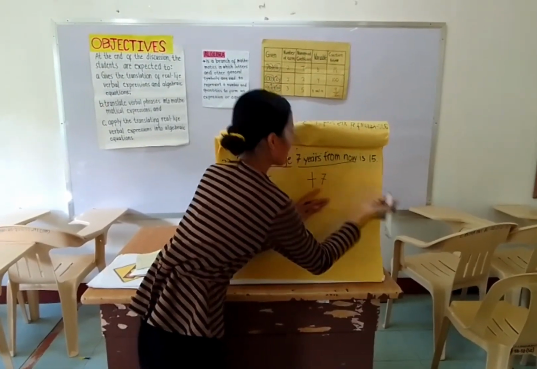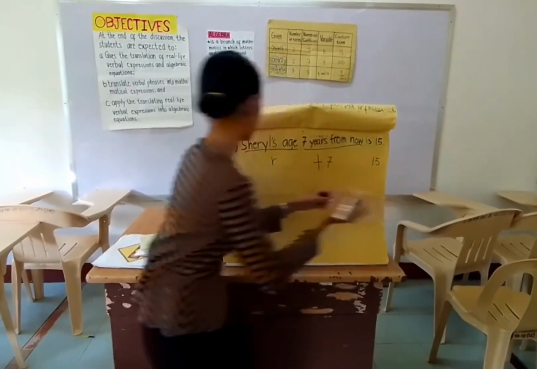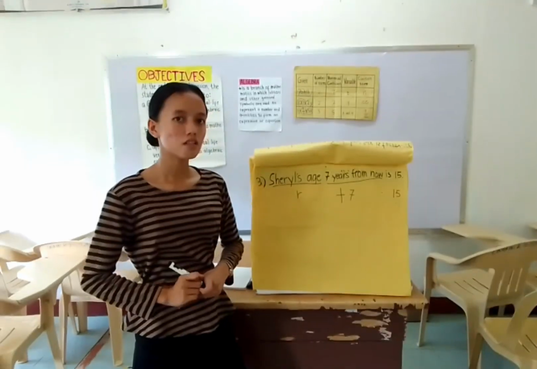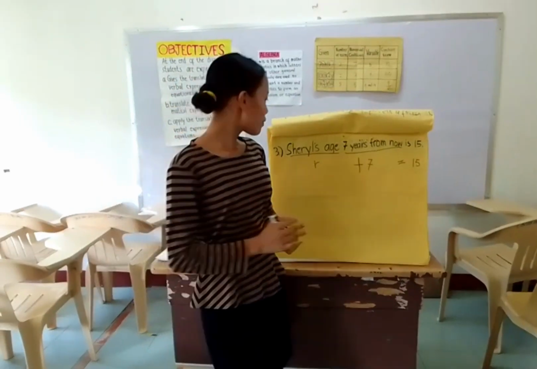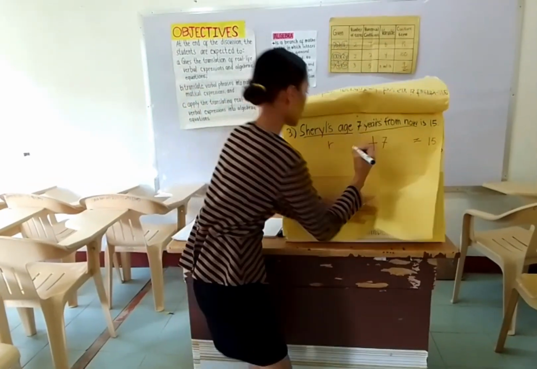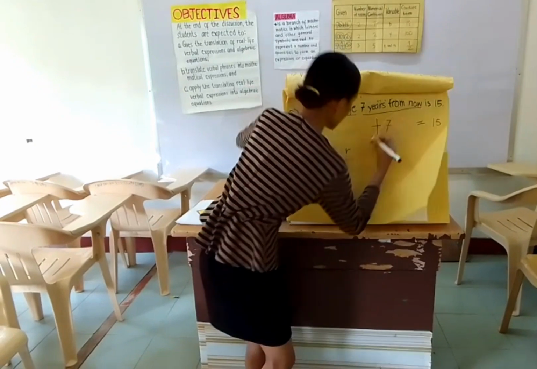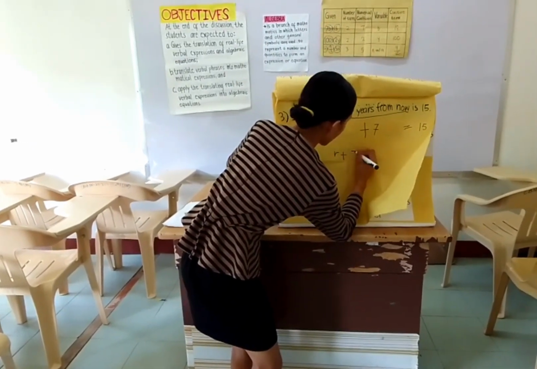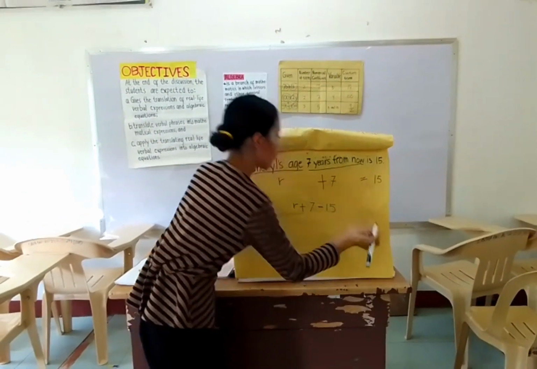And we are going to copy the number 15. And the word is means equal. So the correct algebraic equation is R plus 7 is equal to 15.